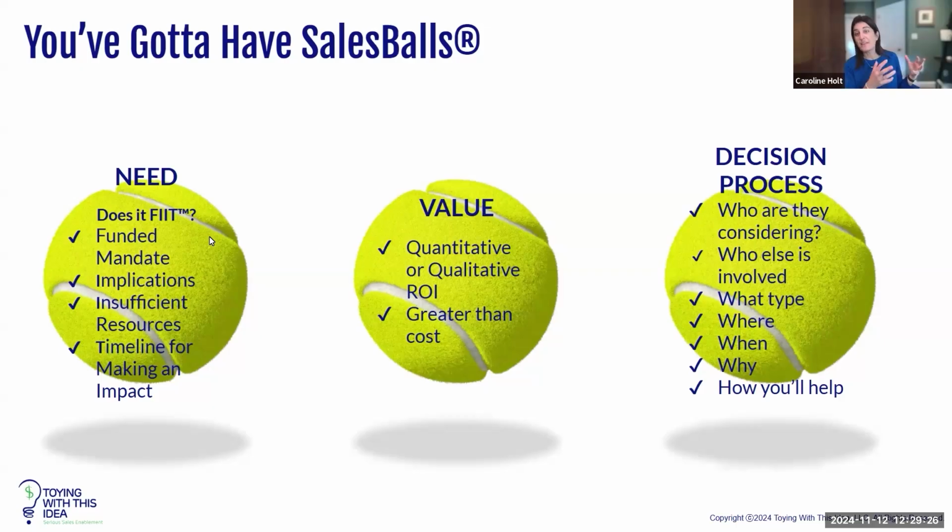So it might be that the thing that they thought they needed and we thought that we could actually help them with is no longer the thing that either we can do or that they need. Their own priorities might have shifted, right? There's some sort of insufficient resources, meaning without doing something or continuing to do something, their situation is going to get worse, right?